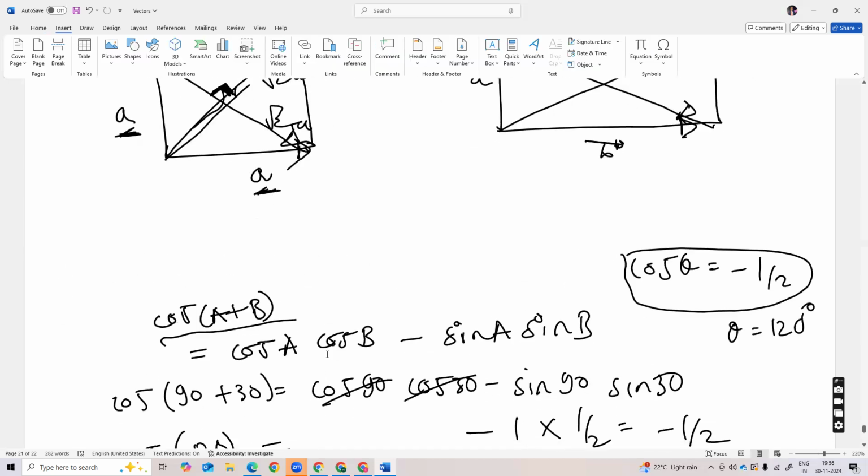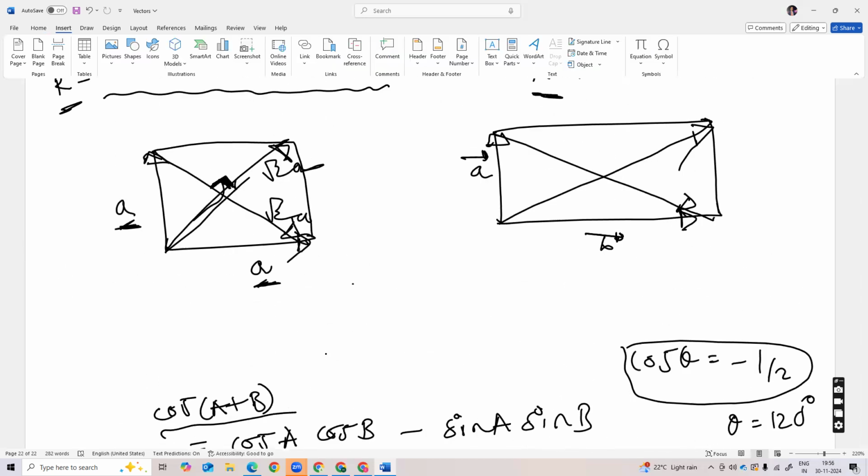And there is one more special case for this, which is a rhombus. In a rhombus also, since all sides are equal, the angle between these two is equal to 90 degrees, and the resultant as well as the difference between these two vectors is perpendicular to each other.